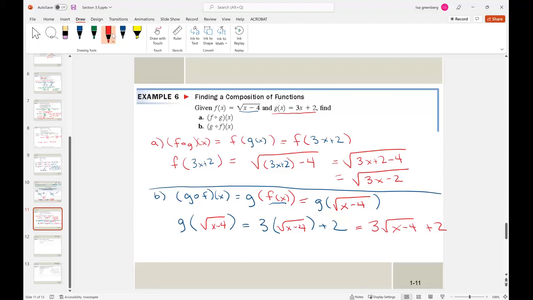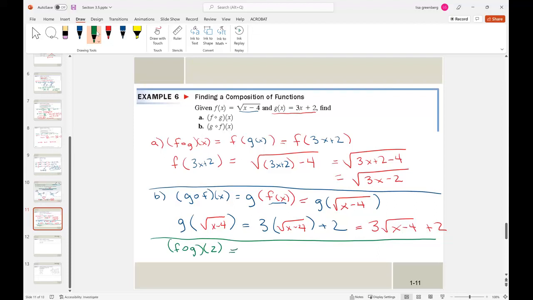Now, even though it's not a question, let's ask, what is f composed with g of, let's make up a good number here, f composed with g of 2 would work.